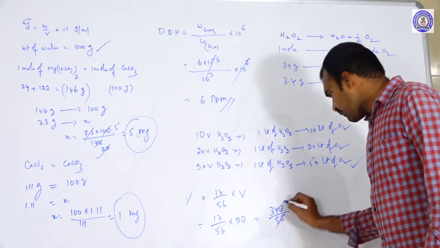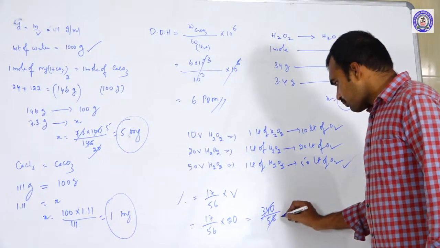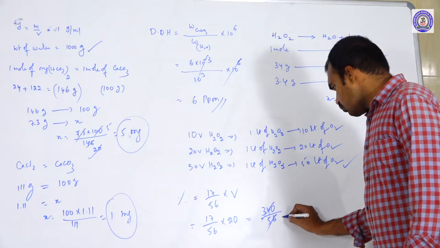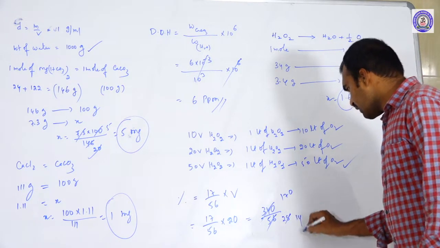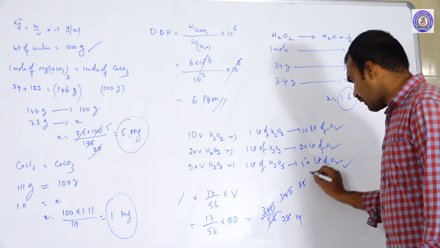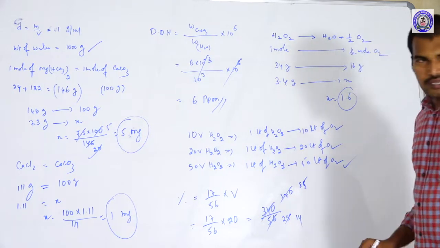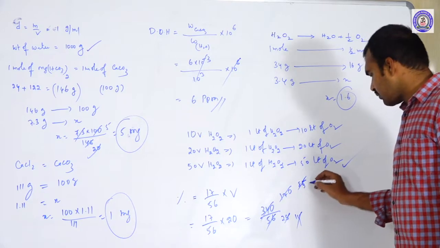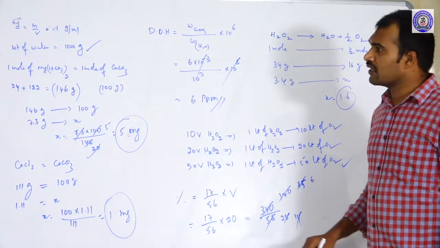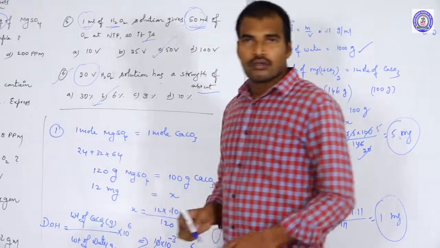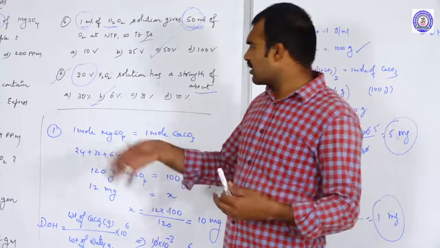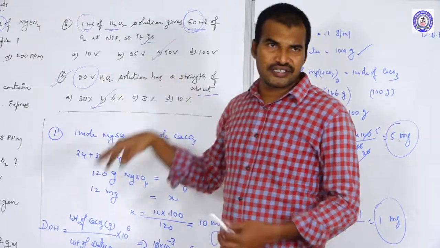How much will it become? 6 point something will come. So 6%.